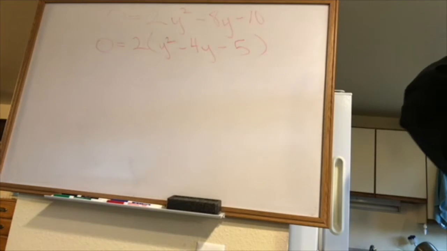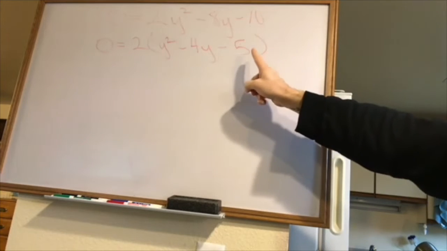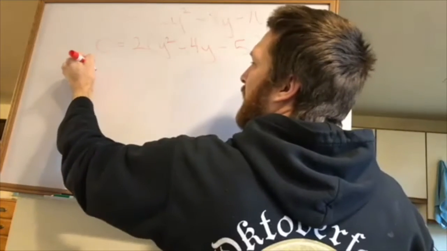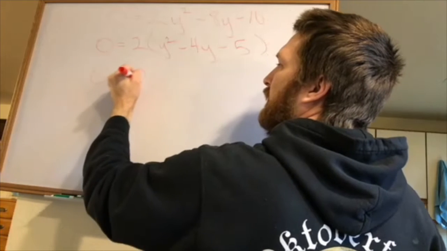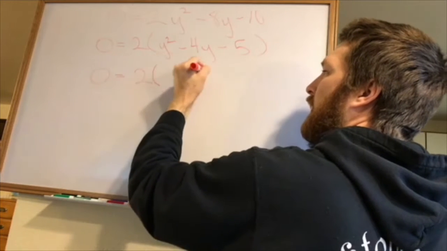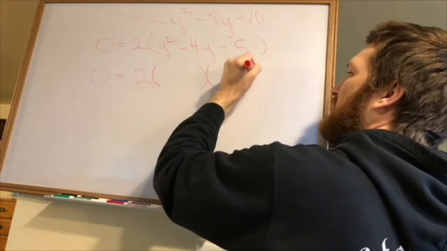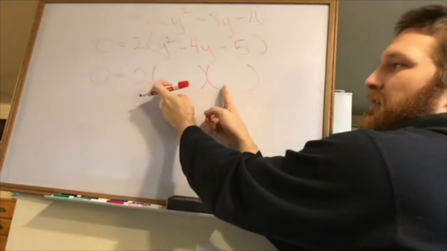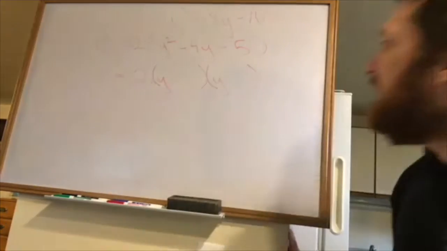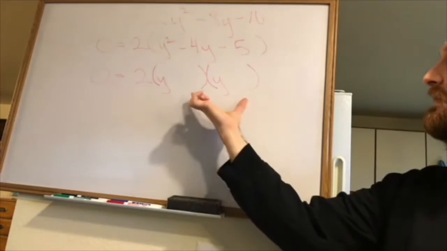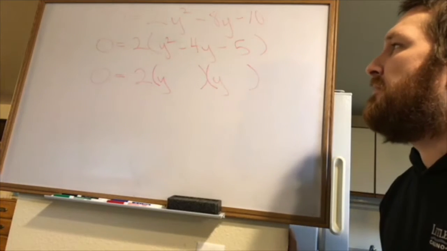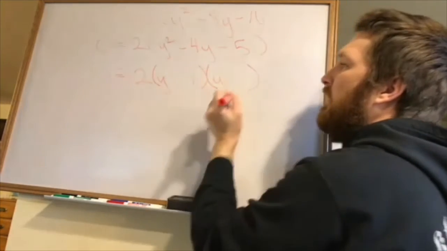Okay. Now we're going to say, hopefully, this thing can factor. If it does, what is it going to look like? Y, something like this. But what goes here? Y's. Yep, they would have to be. Now, what are my possibilities for here and here? I suppose 4 and 1, or 5 and 1.